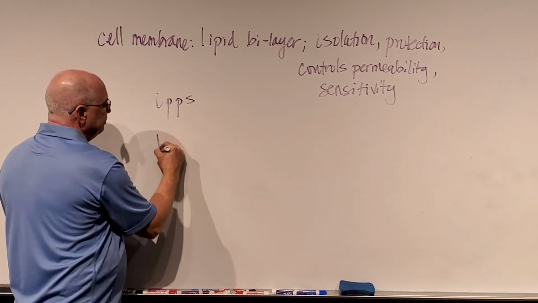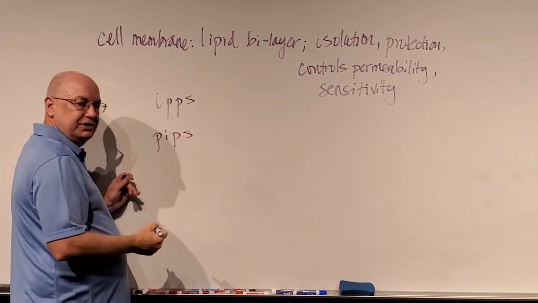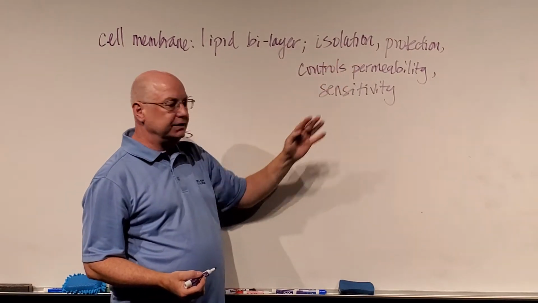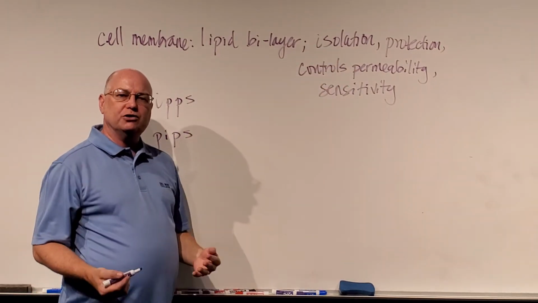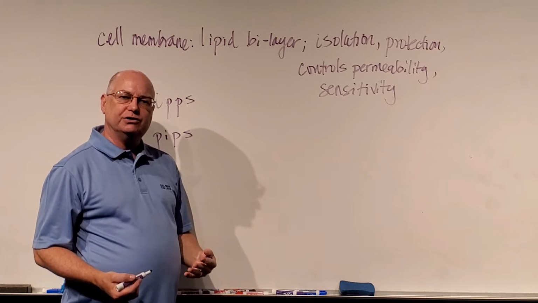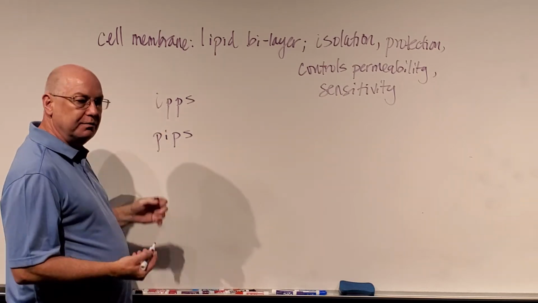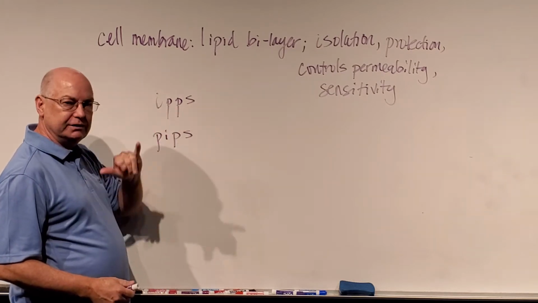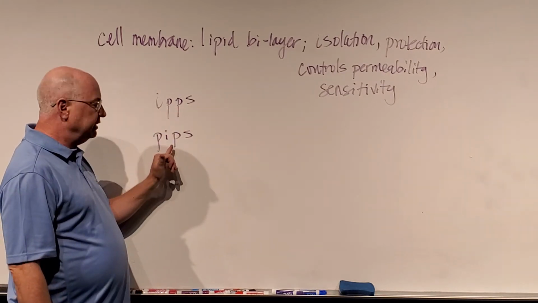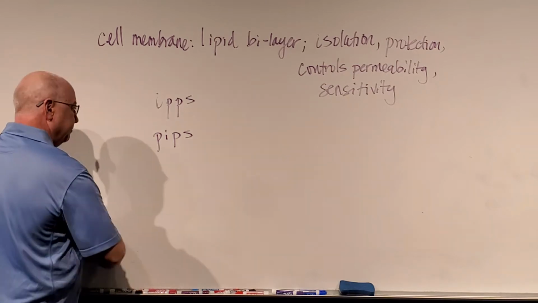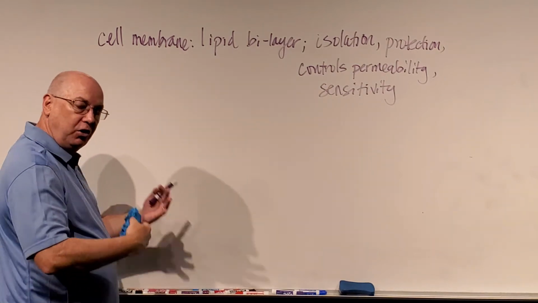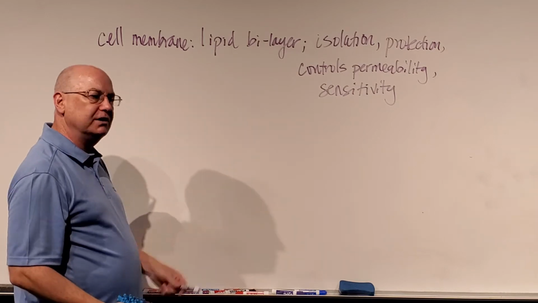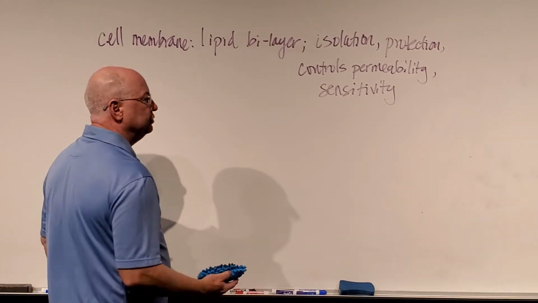I learned it as IPS, or one of my classmates said PIPS, which is isolation, protection, permeability, and sensitivity. So when we ask a question, which of the following would be the functions of the cell membrane, you can come up with those four things pretty easily. Isolation, protection, permeability, sensitivity. Or protection and isolation, permeability, sensitivity. Okay? You got to come up with ways to learn this stuff and make it stick to your brain for the long haul for exams. I'll share with you a few of those tips and tricks.